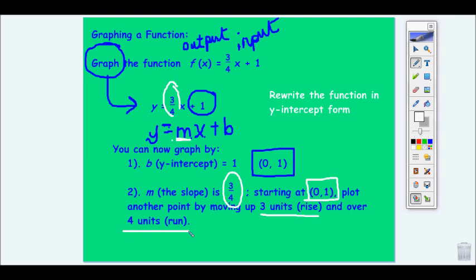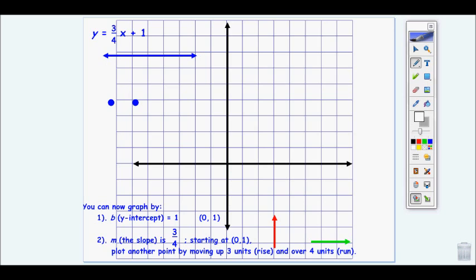So let's go ahead. Hopefully I have a graph on this next screen. I do. So here I went ahead here, and for this screen, I rewrote what we wrote in slope-intercept form because of the word graph again.